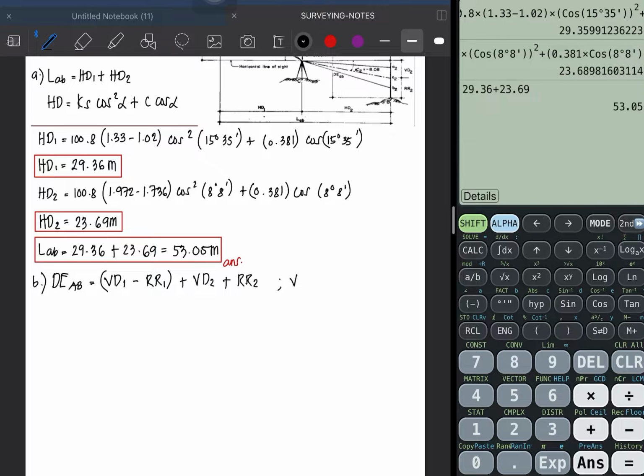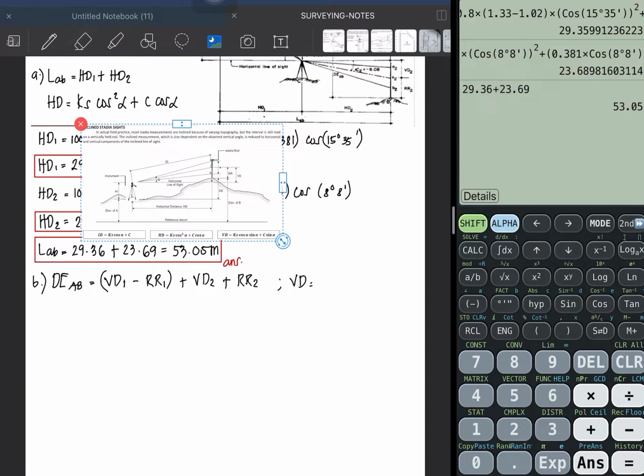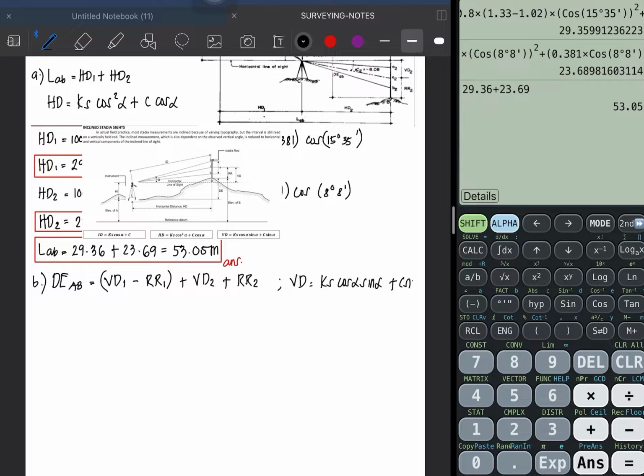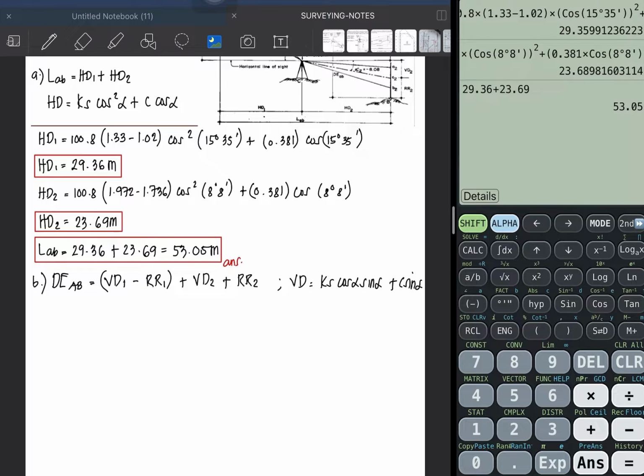Okay, so to solve, you have the formula for VD. The formula you have here, VD is equal to K times S times cosine of alpha sine of alpha plus C sine of alpha.